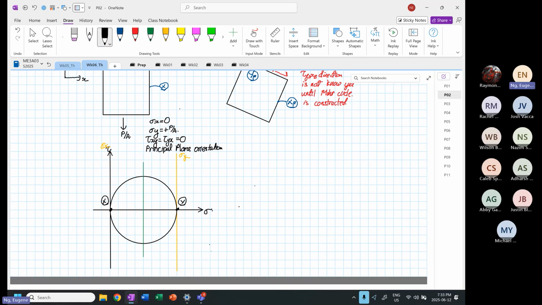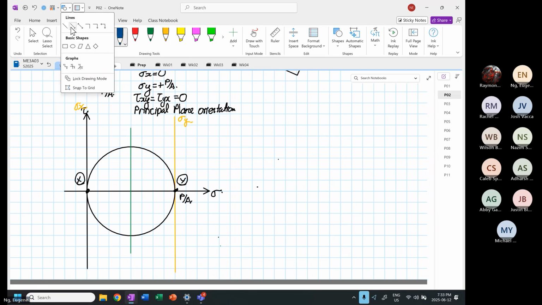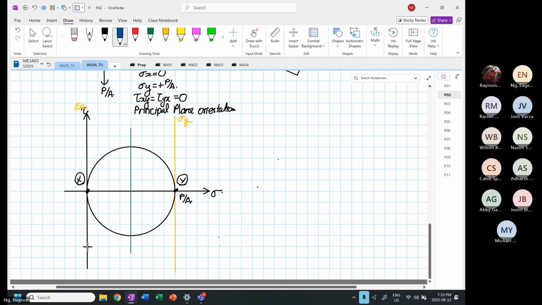And we know that this point is equal to P over A. And likewise, we are aware that the distance from here to here, and our distance from here to here, is P over 2A. And then over here, this is our center of circle.